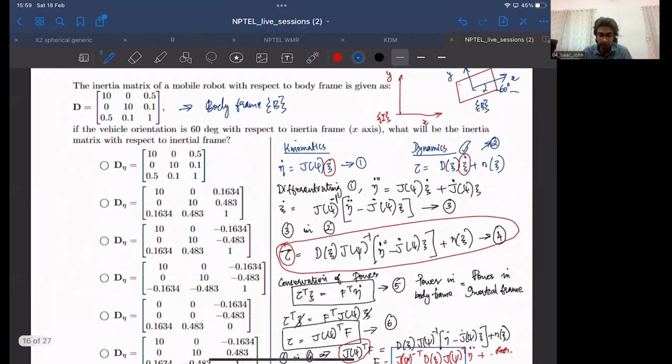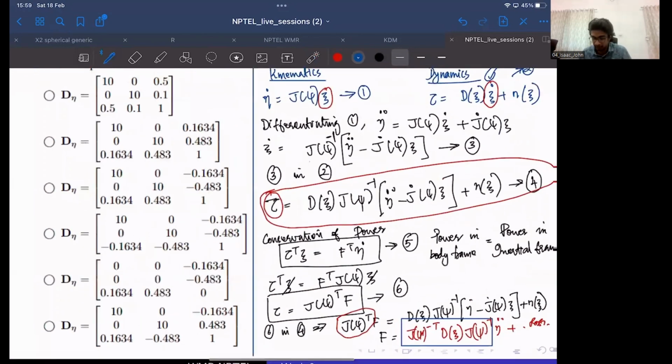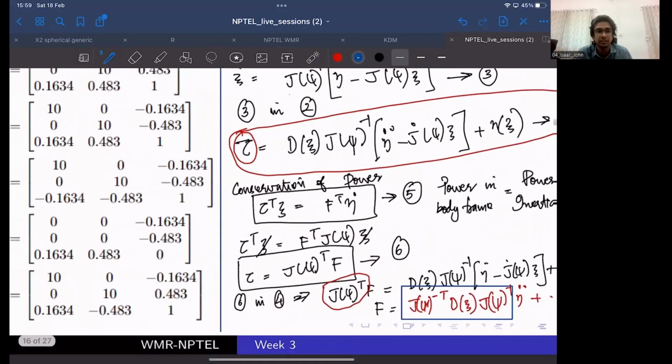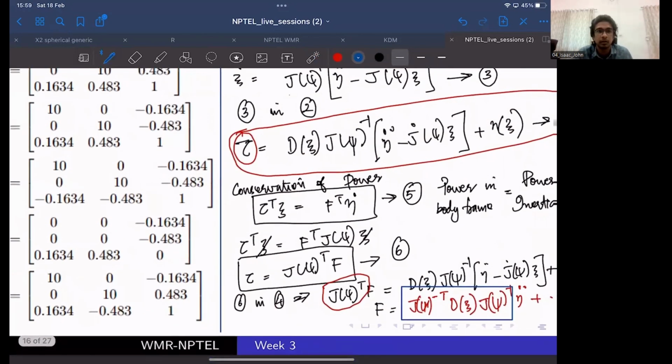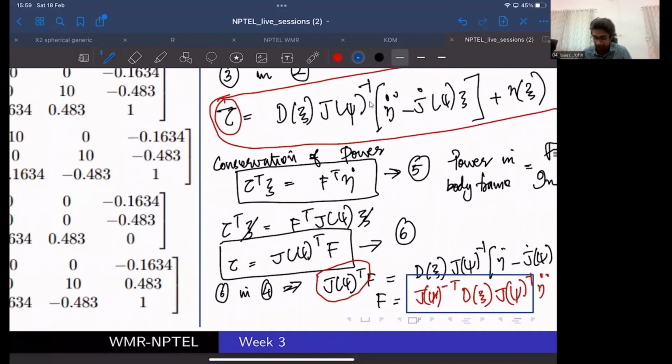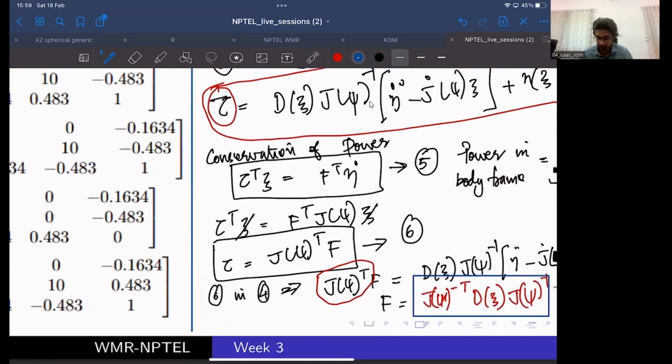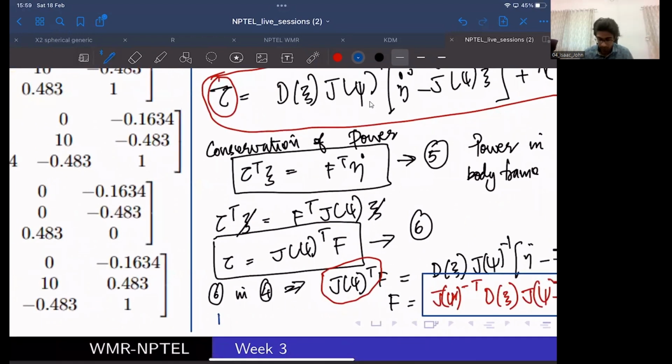So in that regard, if you are given D, then what would be D of eta? D of eta would be simply the final expression that we have derived. I hope the space is sufficient. If I take this D of eta outside, I'm writing over this space.